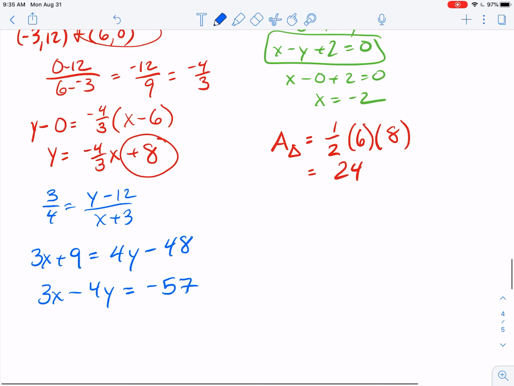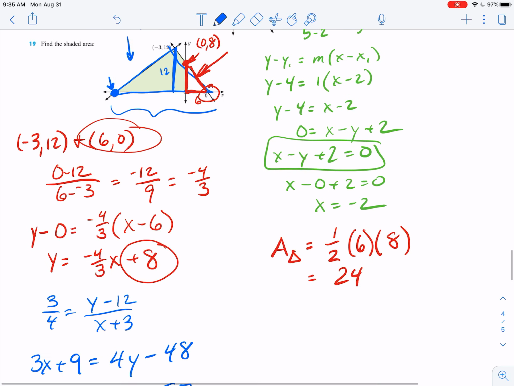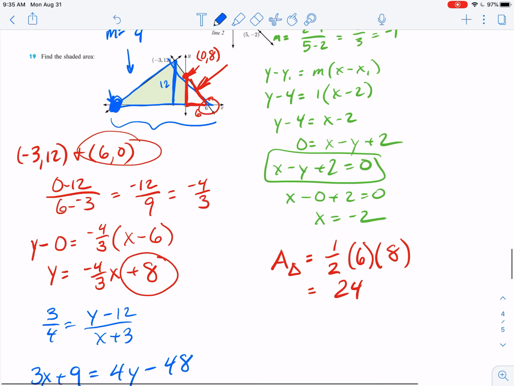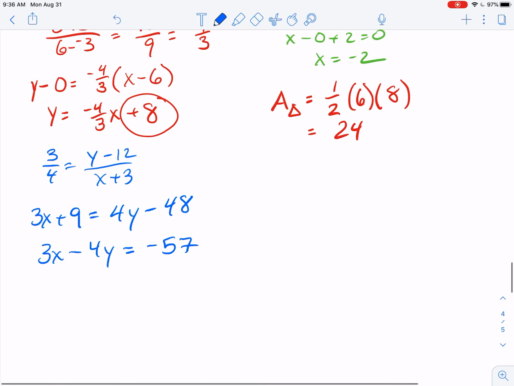That's good. Okay, so what I really care about, though, is not the equation of that line. I care about what this x value is. So notice my y value here. This is the point (something, 0). The y value is 0. So what I need to do is plug in 0 for y. That makes this all go away. And so I have 3x is equal to -57.